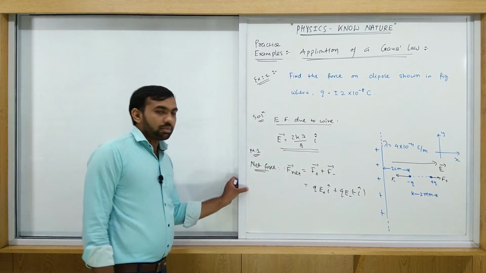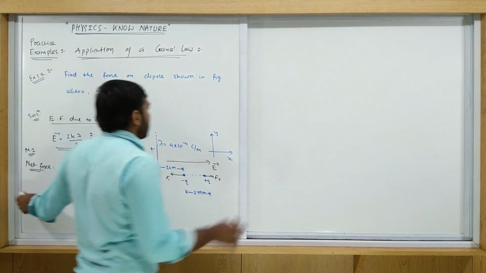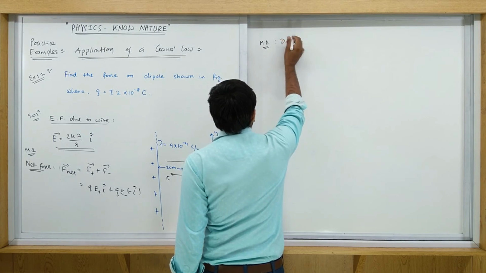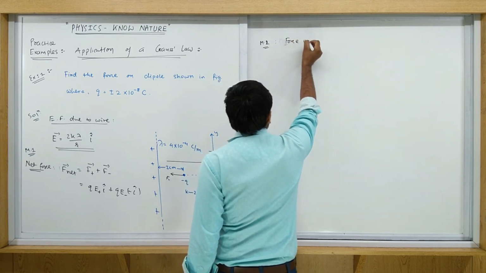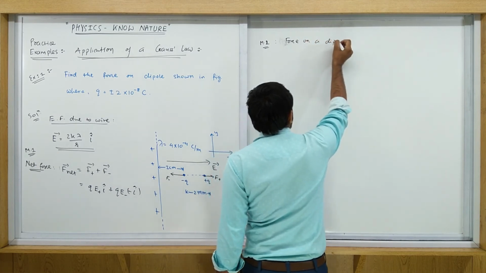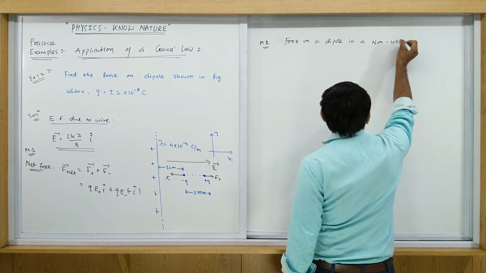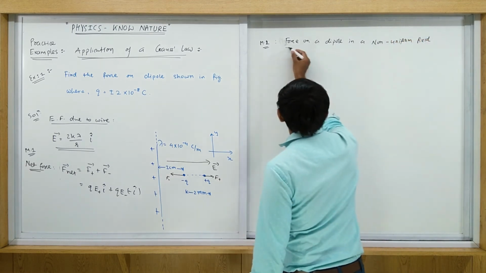Now what is method number 2? A dipole is put in a non-uniform electric field. So method 2: force on a dipole in a non-uniform field.